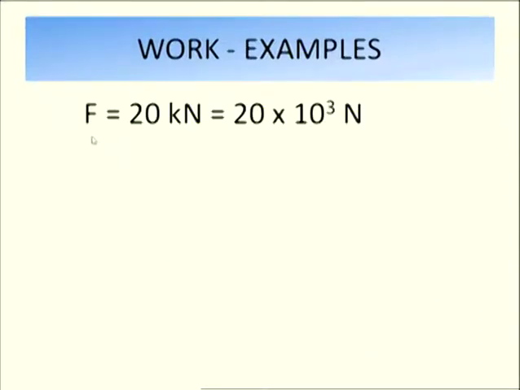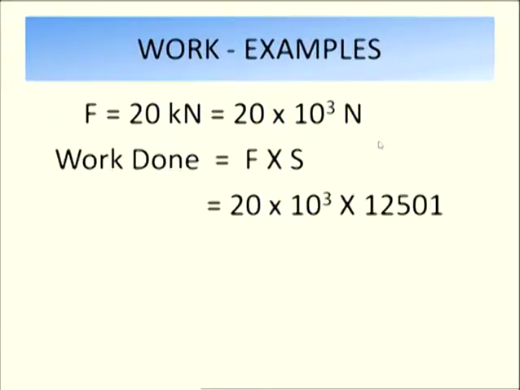As we know that force is equal to 20 kilonewton, that is 20 into 10 raised to 3 Newton. So work done is equal to F into S. So that is 20 into 10 raised to 3 Newton multiplied by distance travelled 12,501 meter. So that is 25 into 10 raised to 7 Newton meter, that is 25 into 10 raised to 7 joule. Work done is reported.